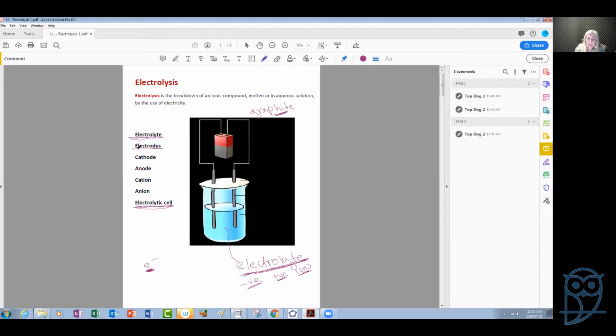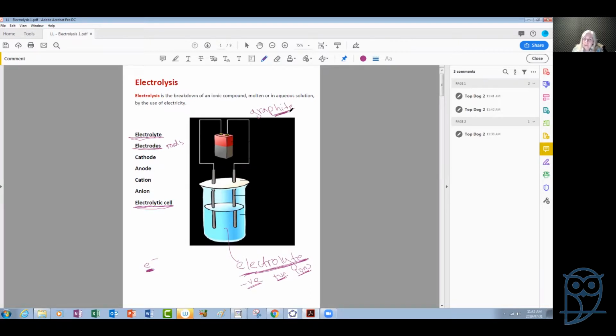So these are two graphite rods, which we call the electrodes. Why graphite? Because graphite is very inactive. It's an inert substance and does not react and interfere with the electrolysis reaction that happens in the electrolyte when we pass an electric current.